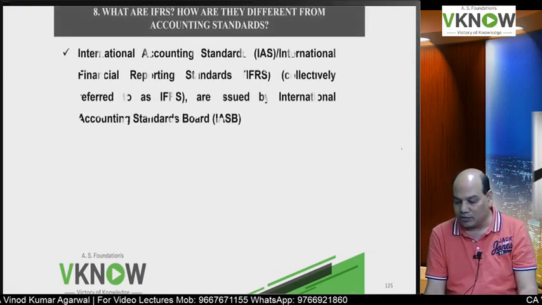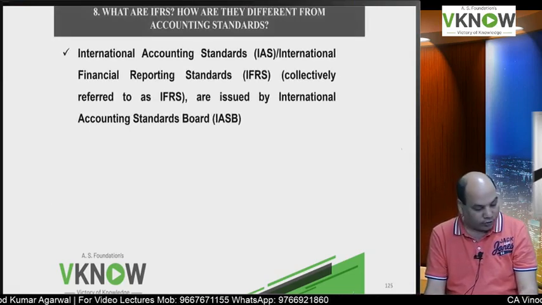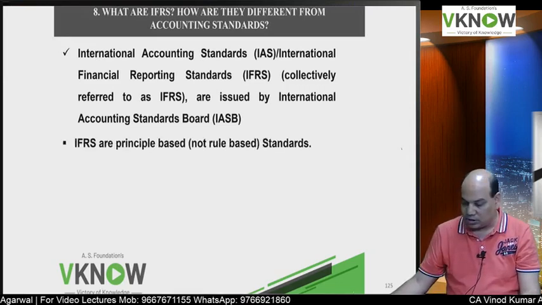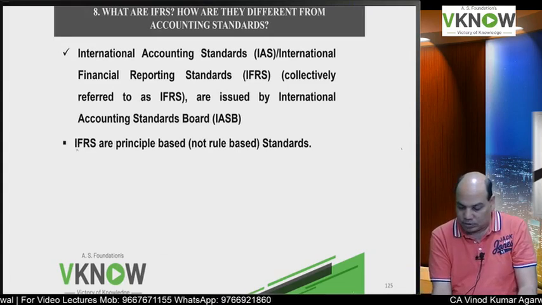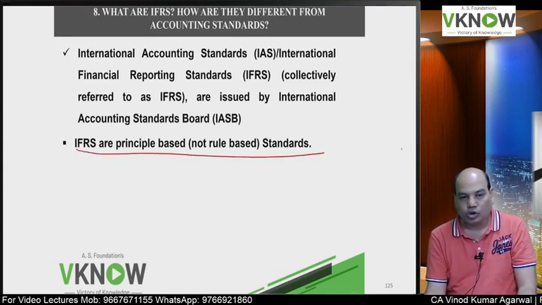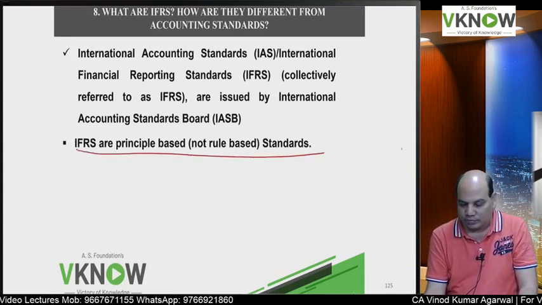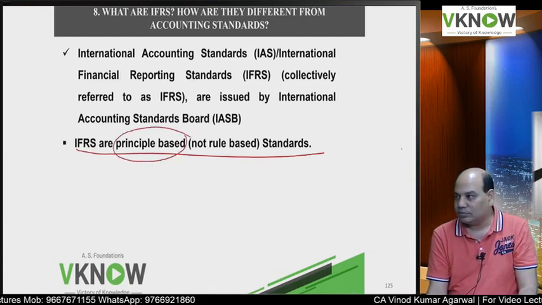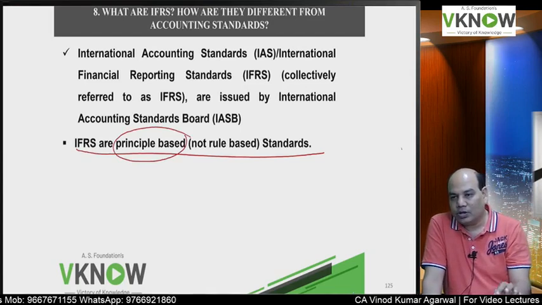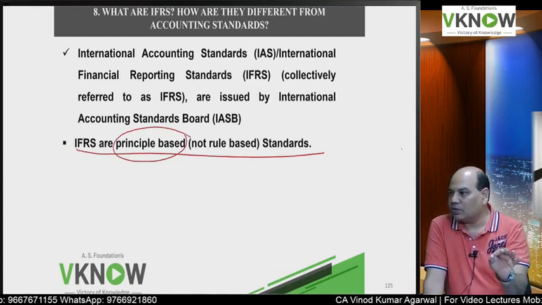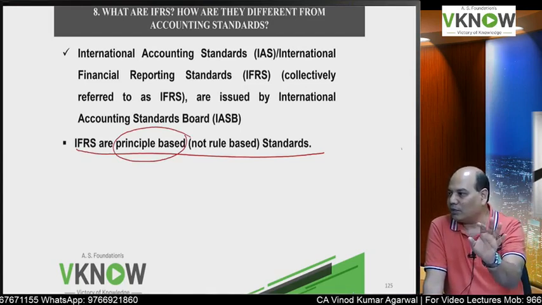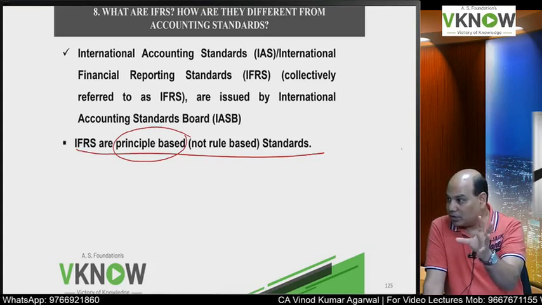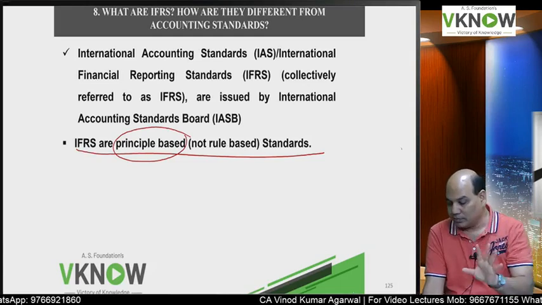So I have summarized it in the following way: IFRS standards are principle based, not rule based. Principle based means they will give you a principle. For example, they will say if the lease term covers a major part of the economic life of the asset, it is a finance lease. But what is a major part is a matter of judgment.